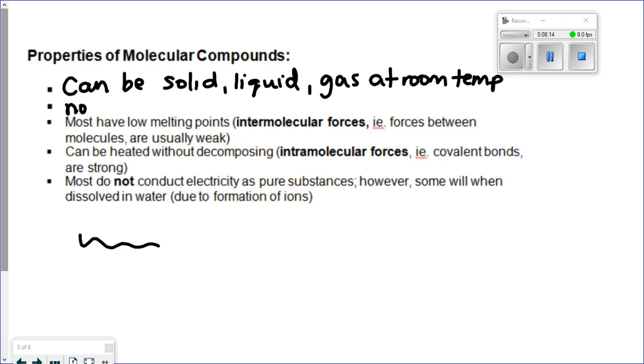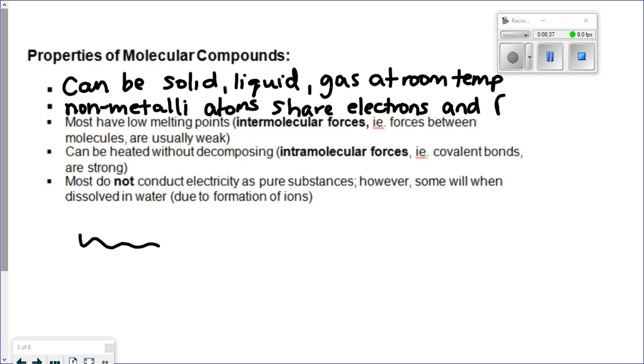These are non-metals, so non-metallic atoms share electrons and form a covalent bond.